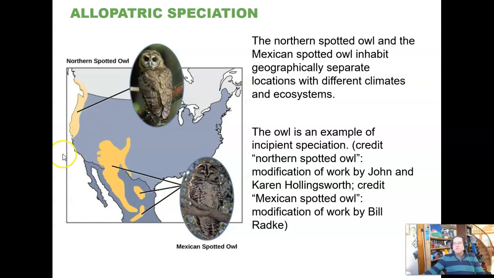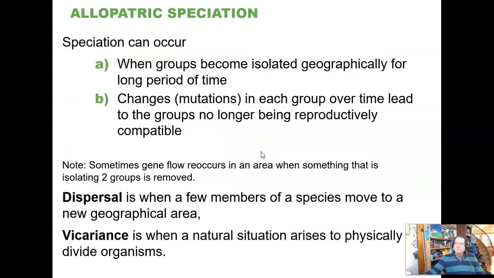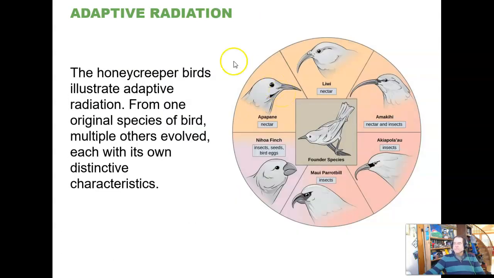So the hybrids are never going to have their own place. And so the idea that these will join back together to make one species may be possible. I don't know the detail with these. I could look it up. Y'all could look it up. But it's unlikely because of the geographic differences and the huge differences that have accumulated over time with these 2 different populations. All right.